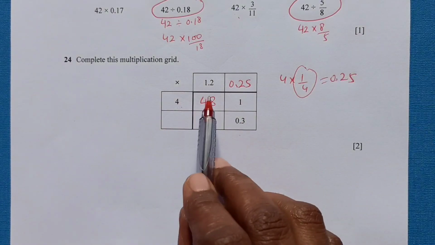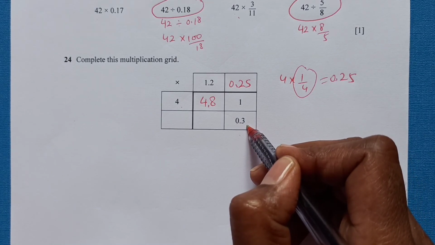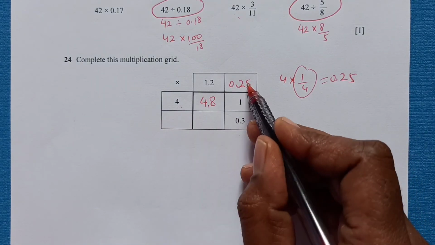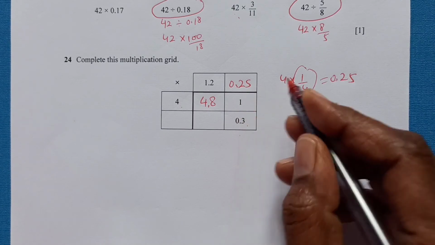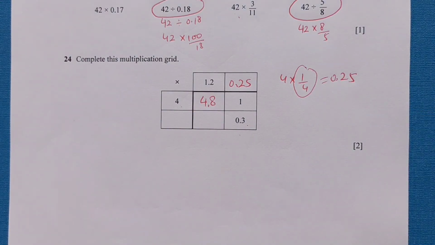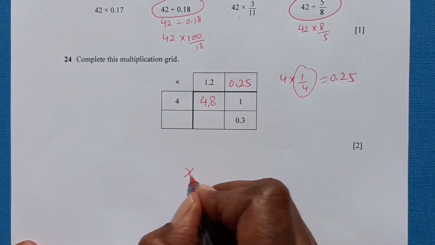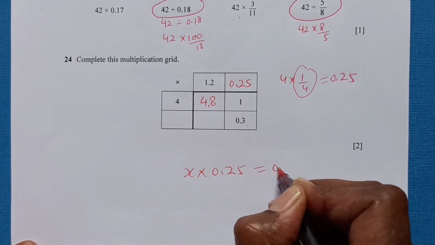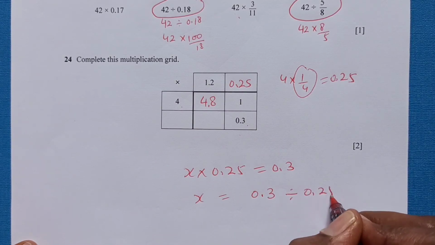We are writing decimals because we have decimals here. So now we have 3 here. That means what times 0.25 gives you 0.3? So x times 0.25 gives you 0.3, so x will be 0.3 divided by 0.25.